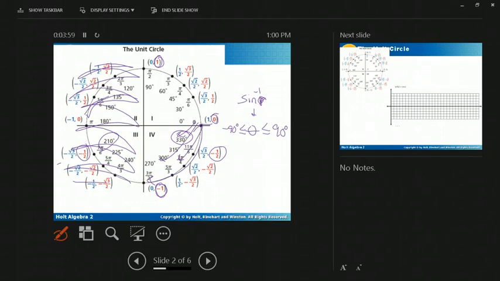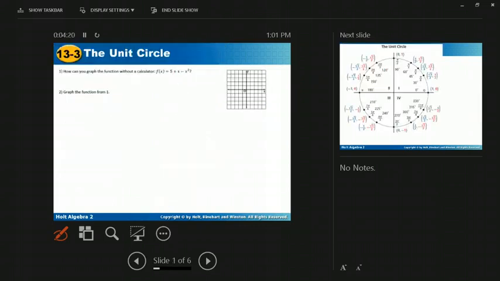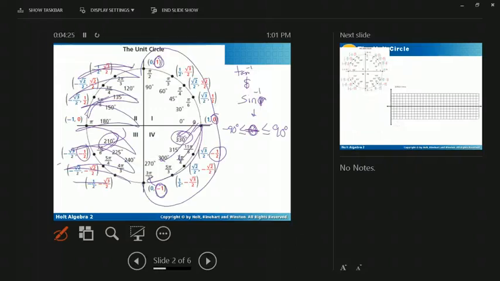This is also true for tangent. Tangent is also restricted this way. That tangent inverse, if you're trying to find the angle using sine inverse or tangent inverse, and it's related to your unit circle, you may only use the right half of your unit circle, and it has to range from -90 to +90 degrees.